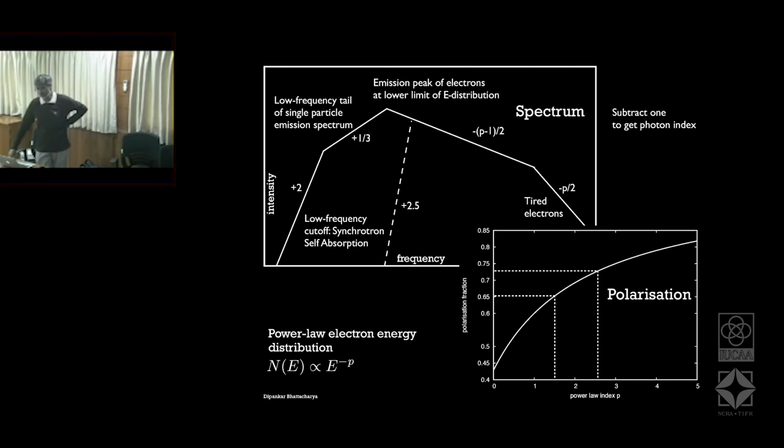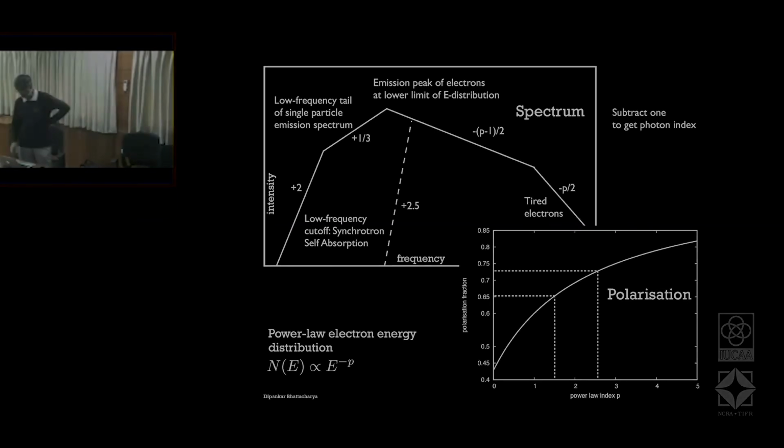So that alone will not tell you. But if you see that the polarization you are finding is primarily parallel to the projected magnetic field and not perpendicular, then you will favor curvature emission over synchrotron emission. So polarization is a good discriminator.